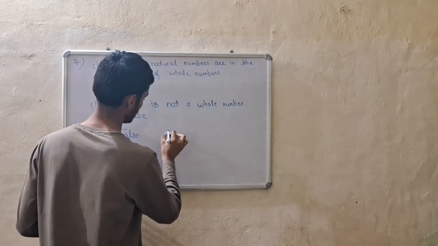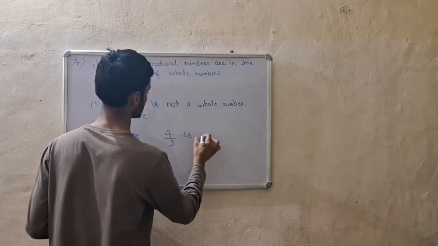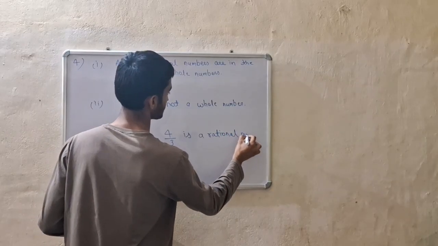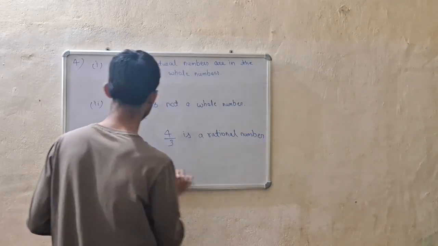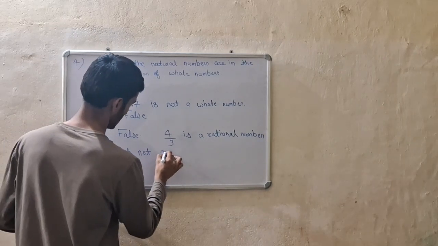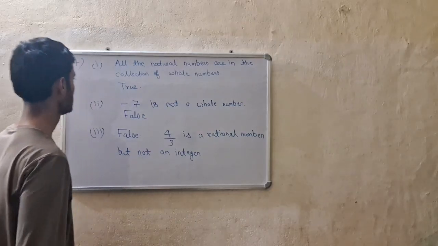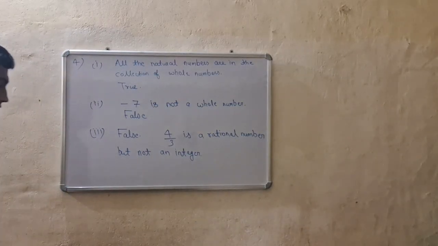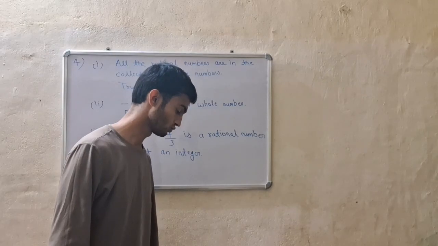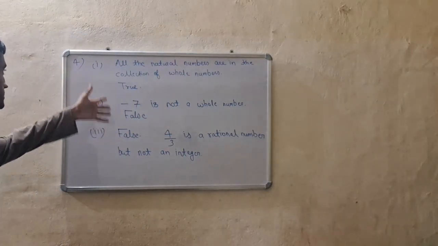Since we know that 4 upon 3 is a rational number, but not an integer. So these were 3 statements which we had to tell whether true or false. You can easily tell them.